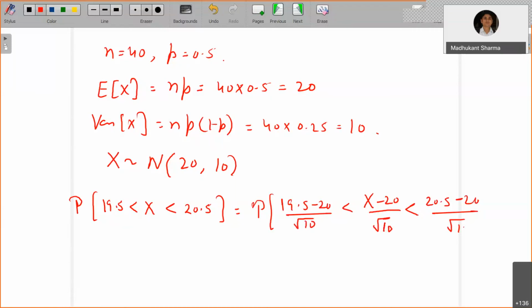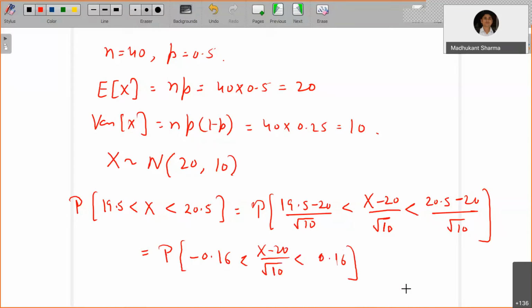You can use the calculator for these values: minus 0.16 less than Z less than 0.16.